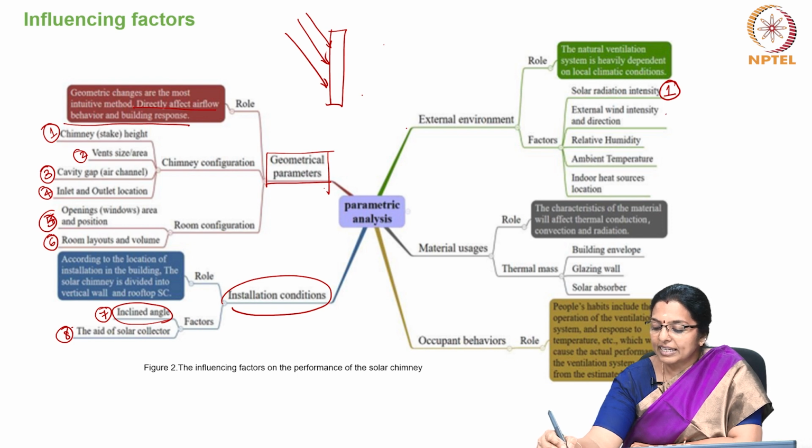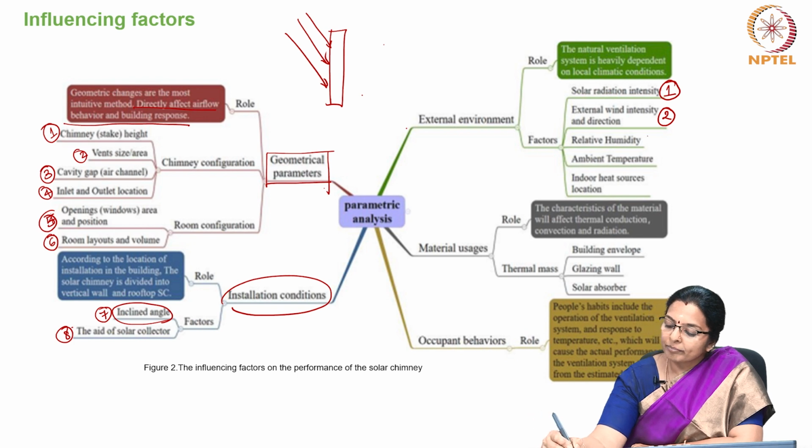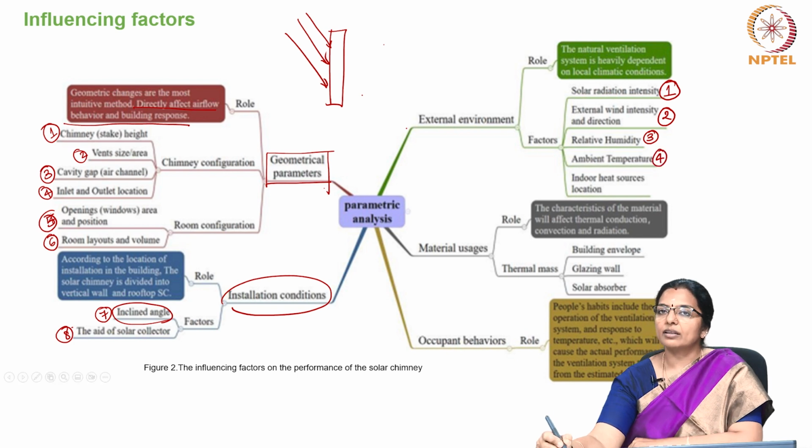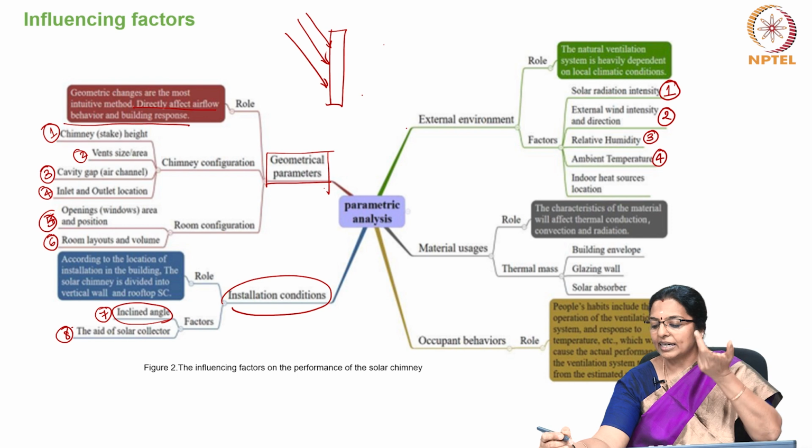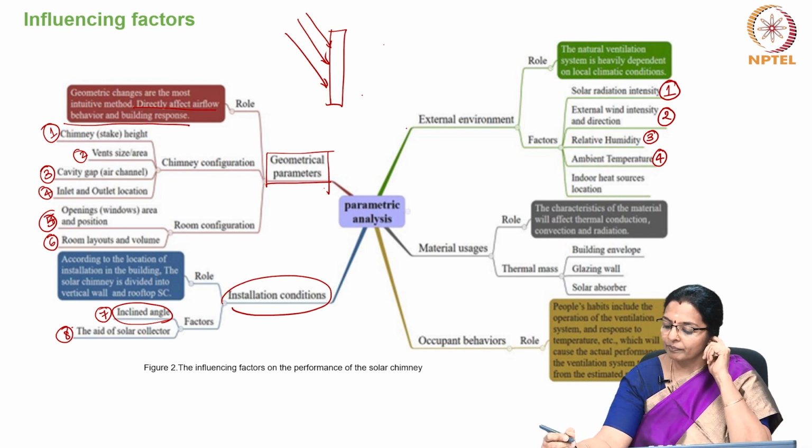External wind intensity and direction which could dissipate the intensity of solar radiation. Third is the relative humidity. Fourth is the ambient temperature, whether the outside temperature is 49 degrees centigrade or 18 degrees centigrade, it matters.